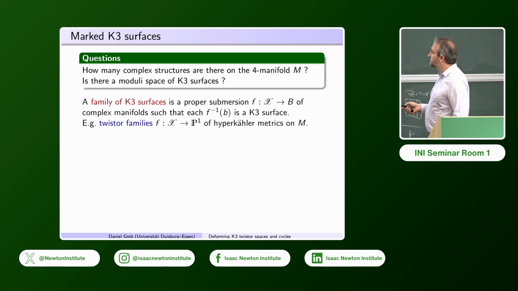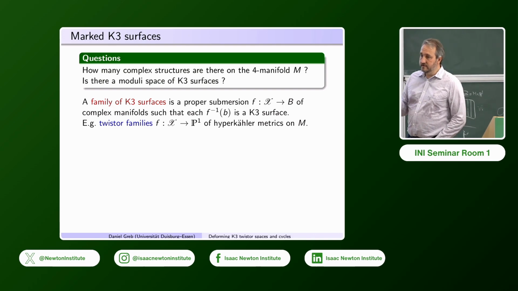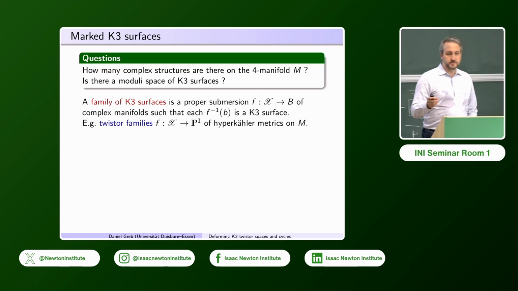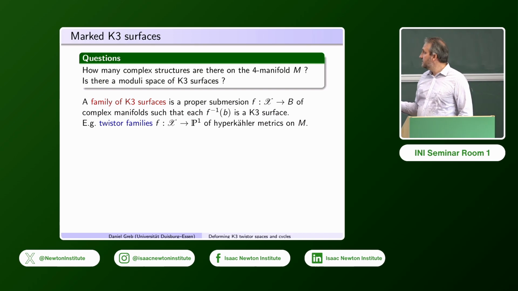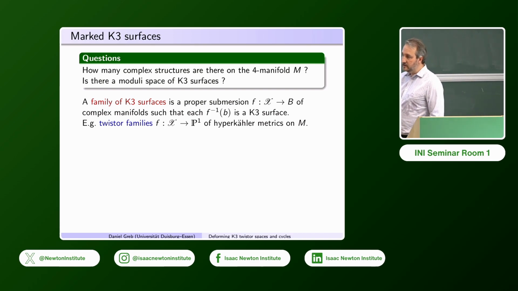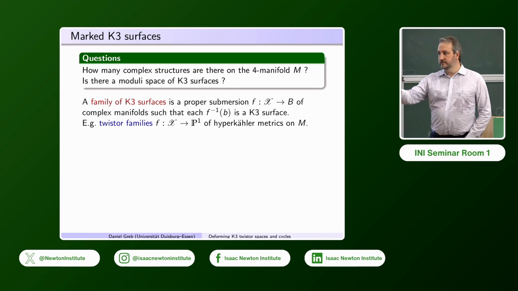One example are twistor families. If you take a hyperkähler metric on your K3, which exists, as I said, you construct the twistor space, which is a very specific family over P1 with fibers K3 surfaces. And what are the K3 surfaces appearing there?